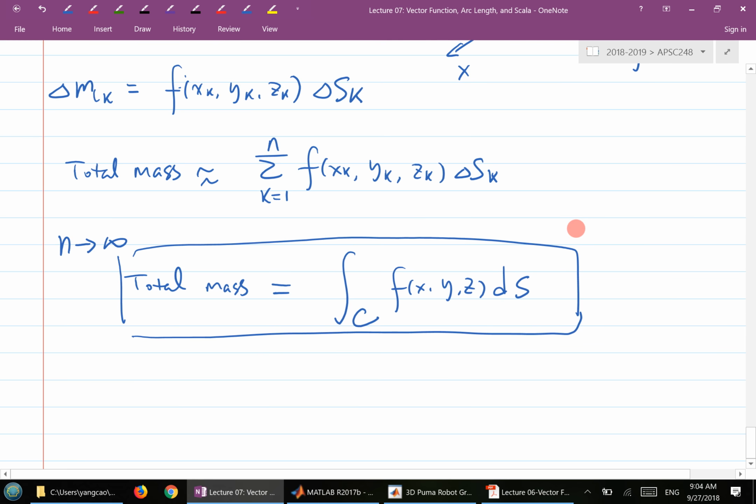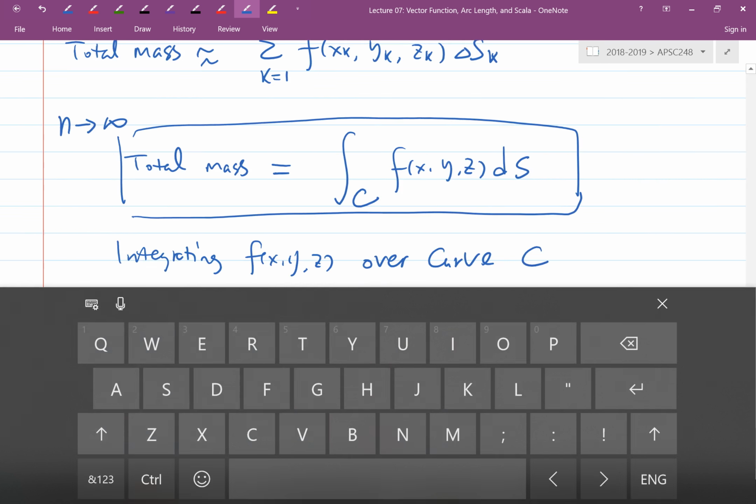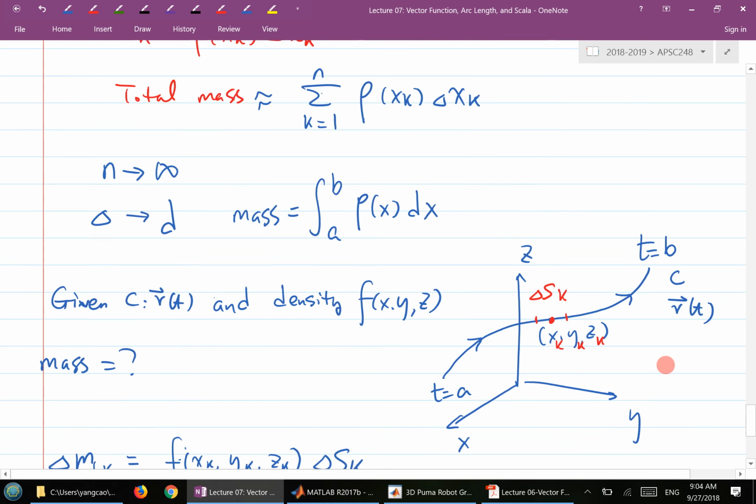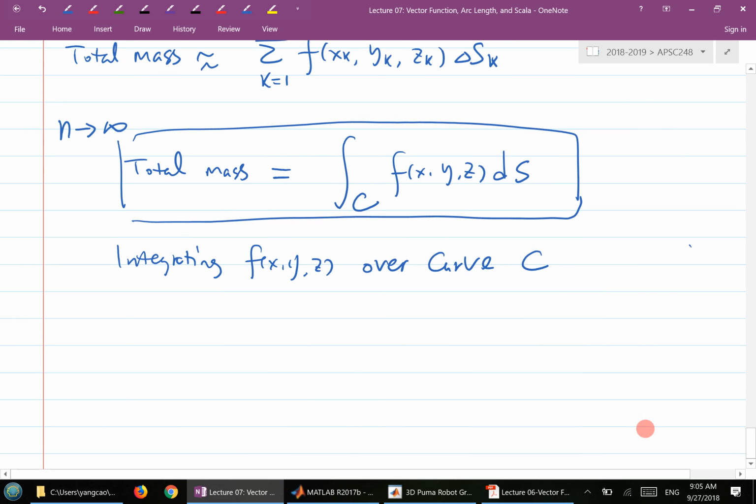Mathematically, it means integrating f of x, y, z over this curve C. Just like the piece of wire formula, where you're integrating the function rho over the wire between a and b, except right now the function we're integrating is a function of three variables. Does that make sense?